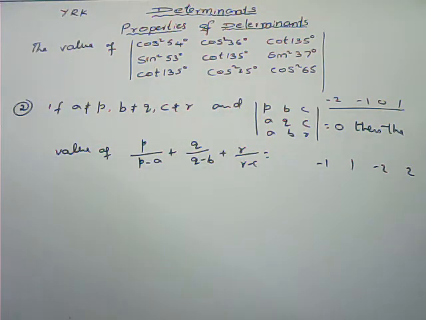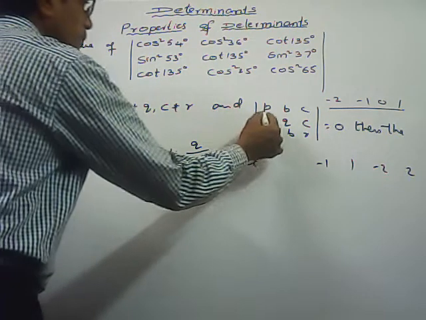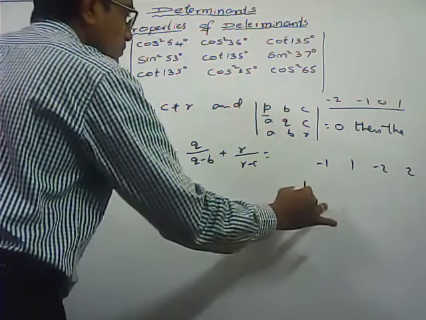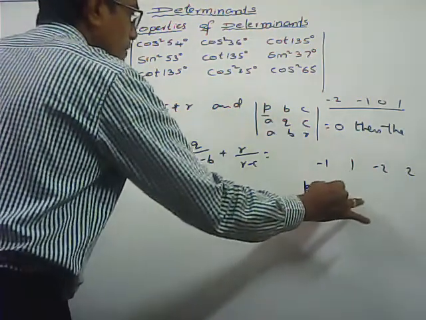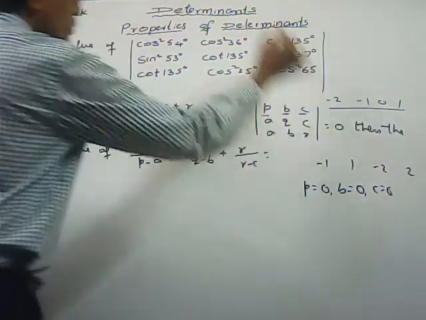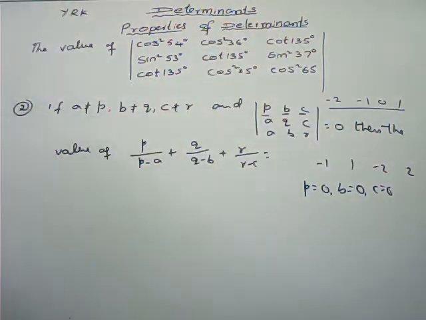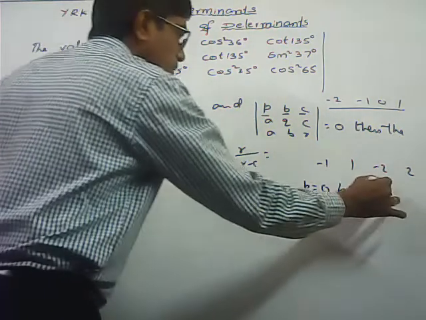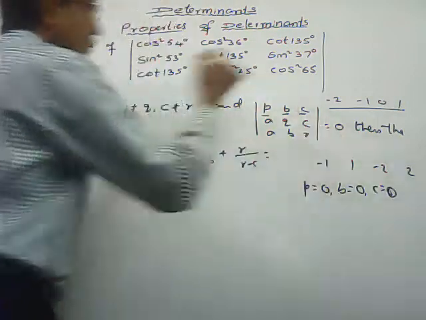And here we know one property also. If every element in a particular row or column of the determinant is zero, then its determinant equals 0. For example, here I am taking P is equal to 0, B is equal to 0, C is equal to 0. Every element in the first row equals 0. Then whatever it is, the determinant is 0 only, satisfying the given condition.